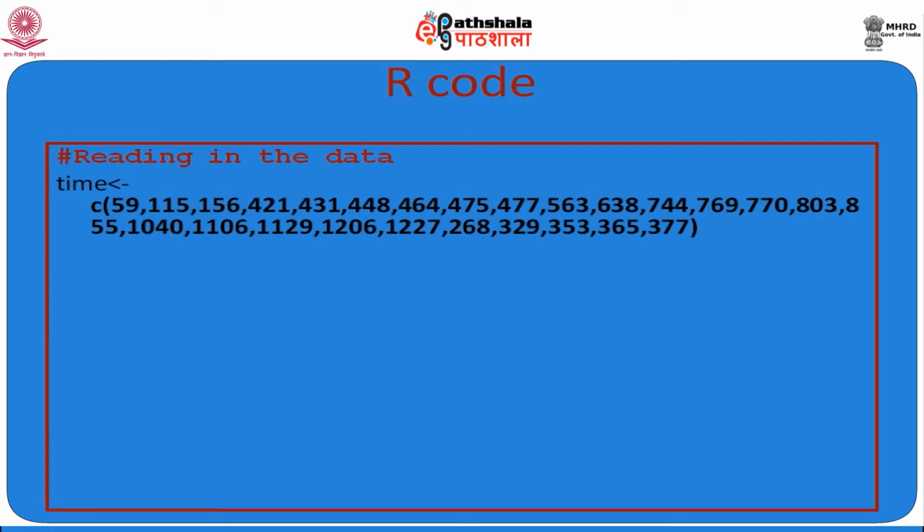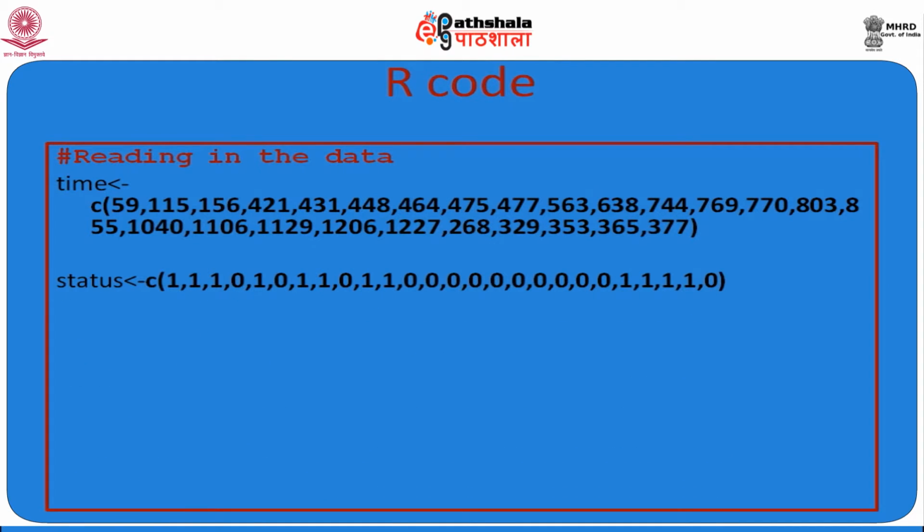So in R we can call time within parentheses 59, 115, 156, like that all individuals' follow-up observations. Now the second variable, that is status, can be 1 or 0. If the status is 1, then you can say the patient is not alive. If it is 0, then the patient is censored.